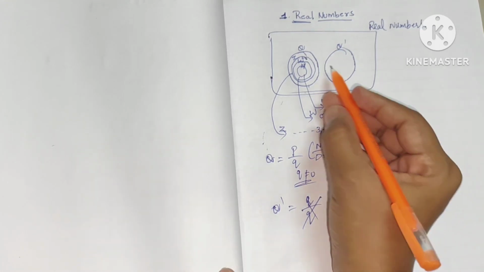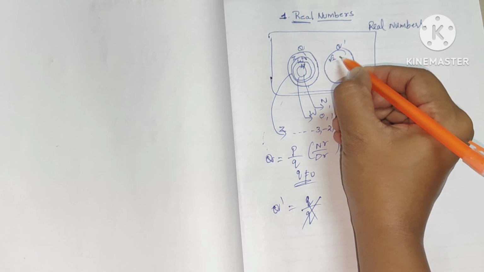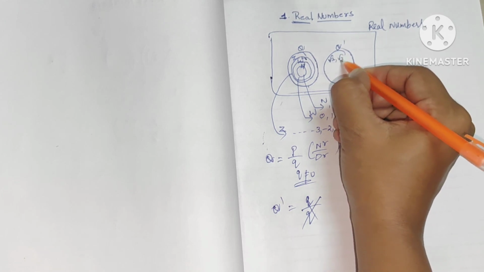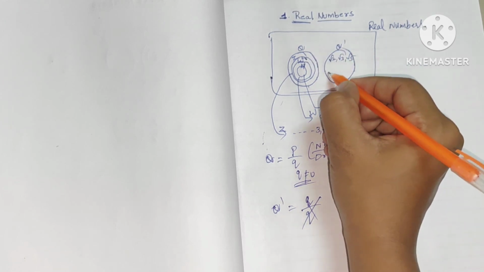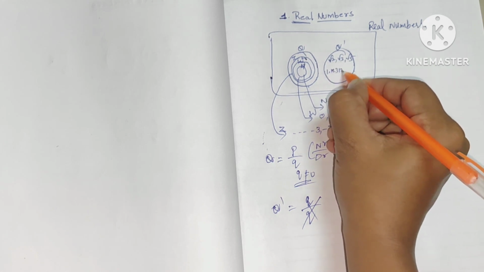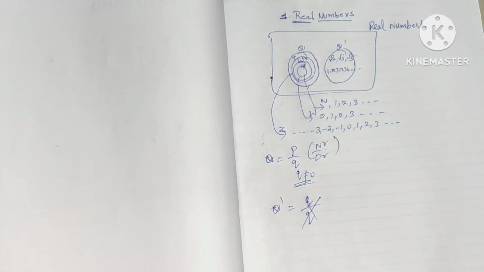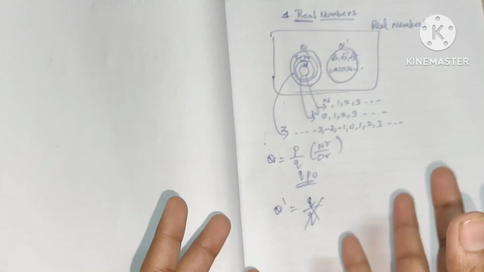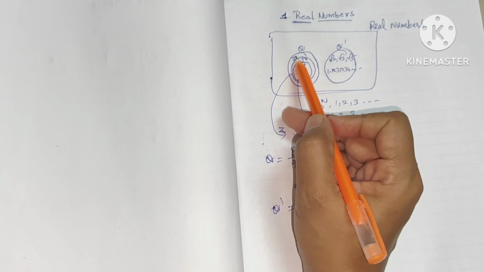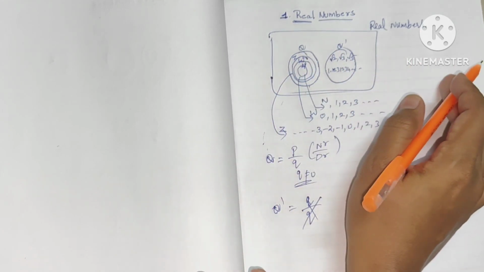And coming to irrational numbers: non-perfect squares or simply prime numbers under a square root, and non-terminating and non-recurring decimals. You have learned in your 9th class already about these rational and irrational numbers. So real numbers means rational and irrational numbers combinedly known as real numbers.